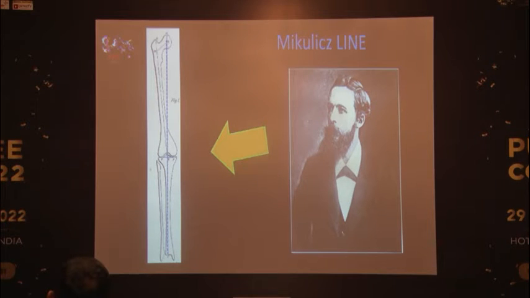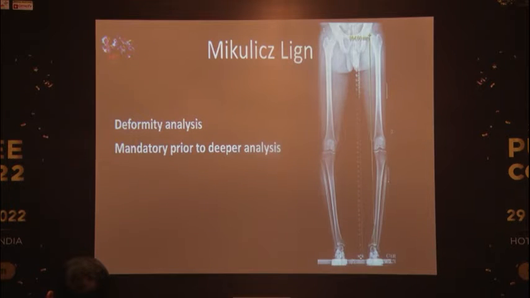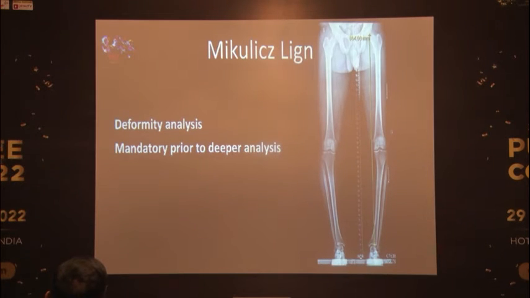And the whole thing is, in osteotomy, we don't want this to happen. We don't want to have this Mikulicz line outside or inside the joint. We want it to be in the center of the joint for a reason, which is the way that the wear is balanced between the medial and the lateral side of the knee. The two compartments receive equal forces during the day when you're walking.